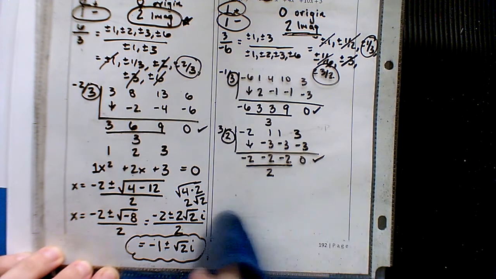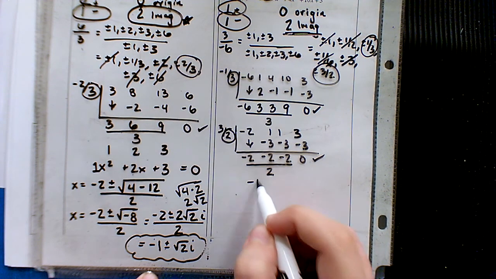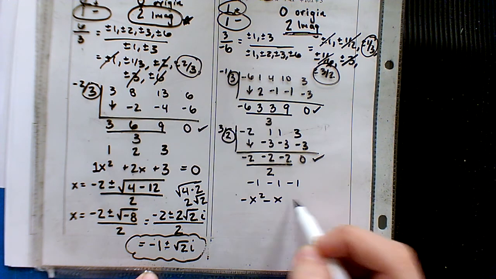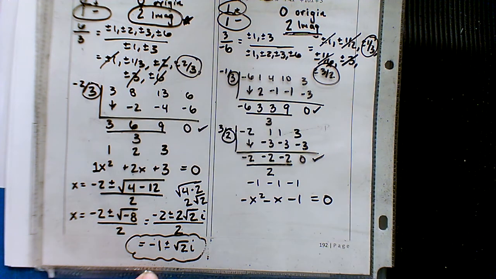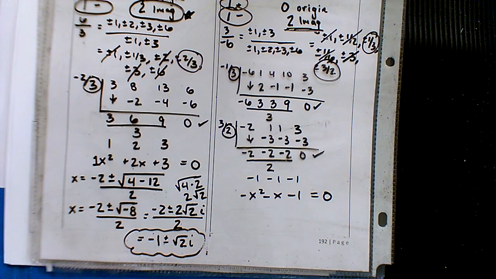Is that okay? All right, so if we divide our quotient by 2, negative 1, negative 1, negative 1, we'll have negative x squared minus x minus 1, and we'll set it equal to 0. How do you want to solve for x?